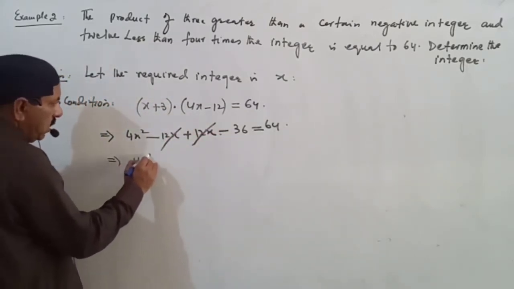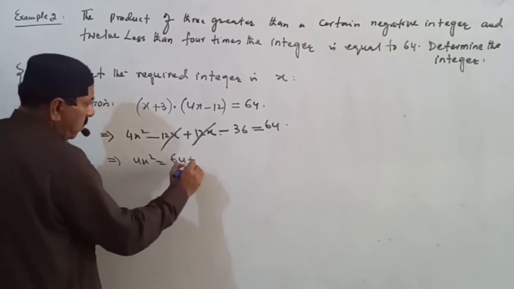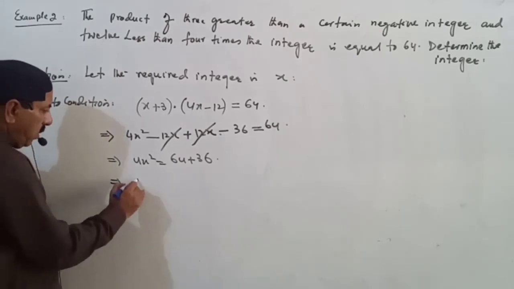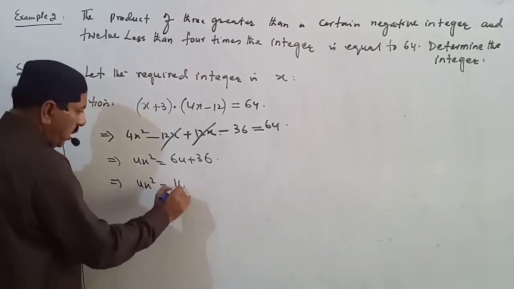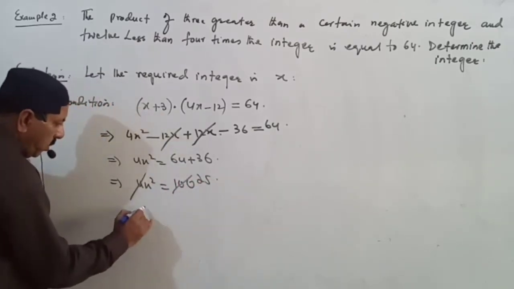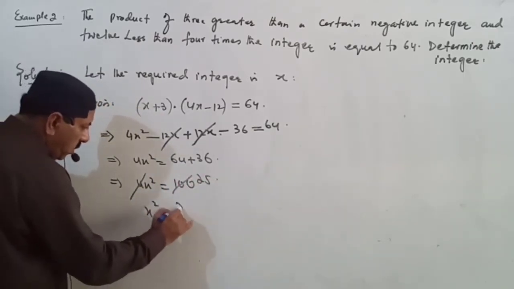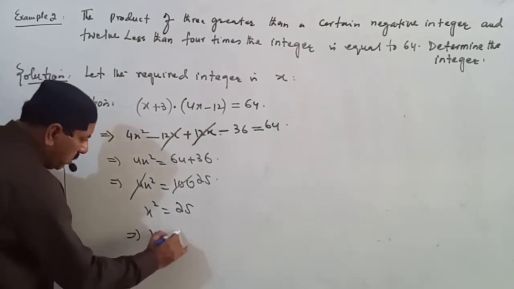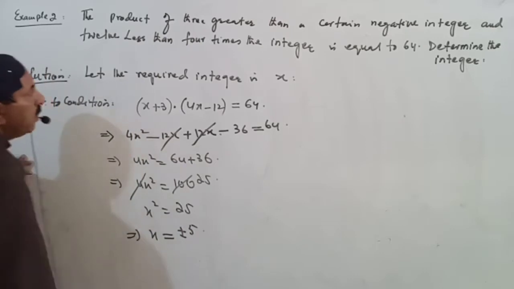So 4x square is equal to 64 plus 36, means 4x square is equal to 100. So x square is equal to 25. It implies that x is equal to plus minus 5.